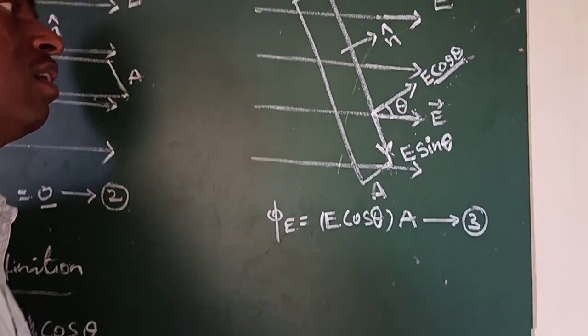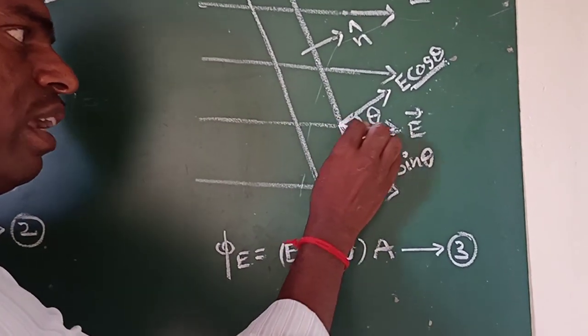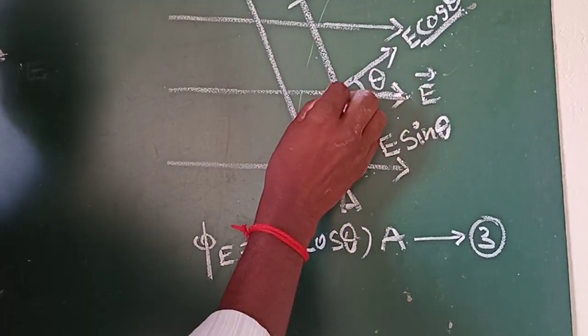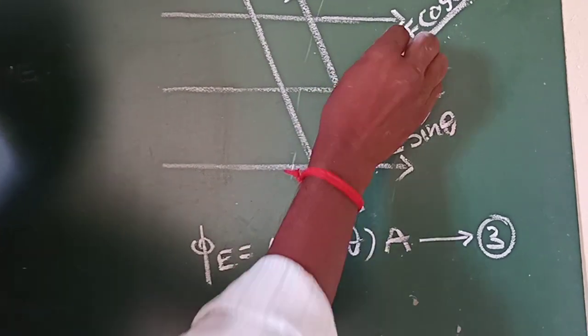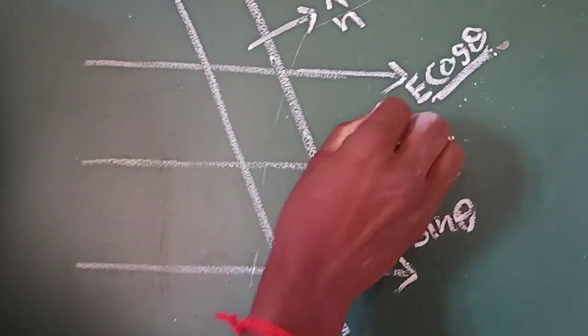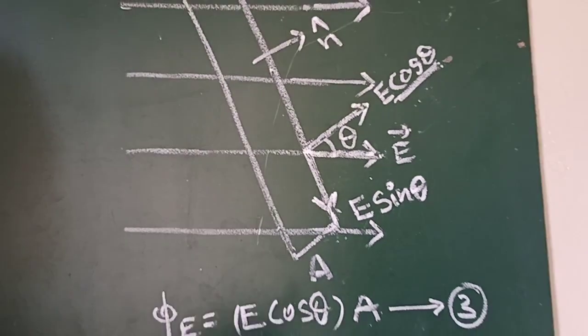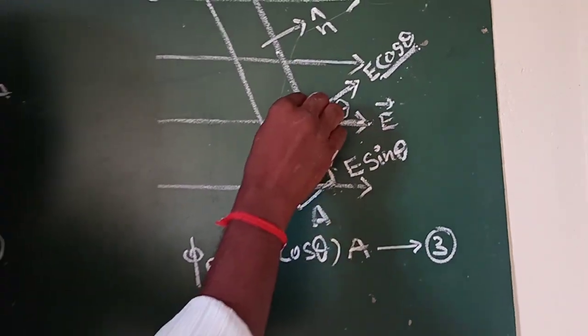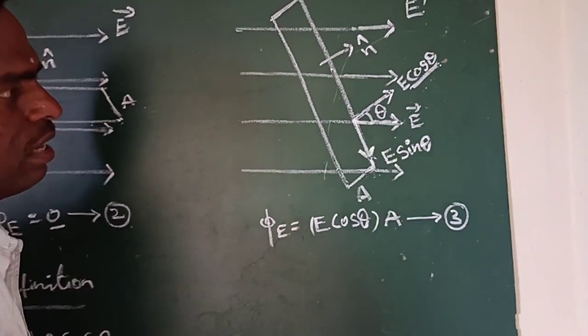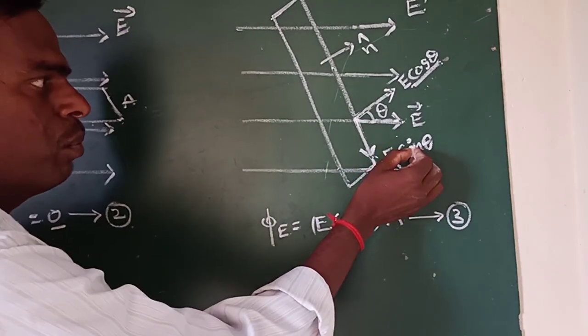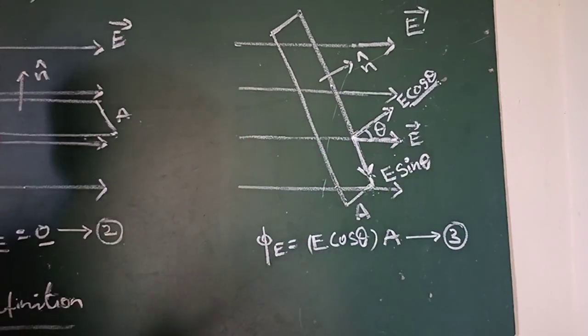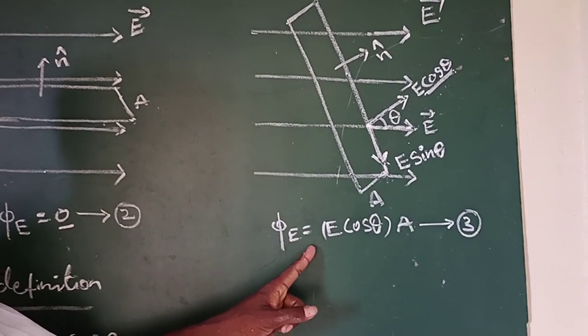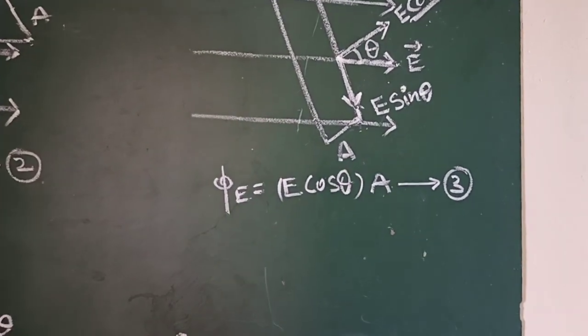Once again, the component of electric field perpendicular to the area only contributes to the electric flux. The E sin theta is parallel to the surface, and the electric field component parallel to the surface will not contribute to the flux. So phi of E is equal to E cos theta into A.